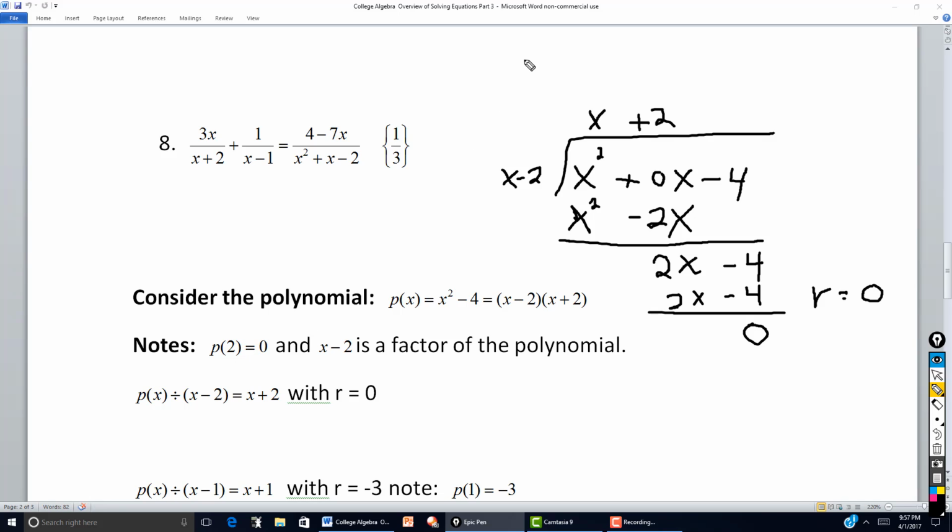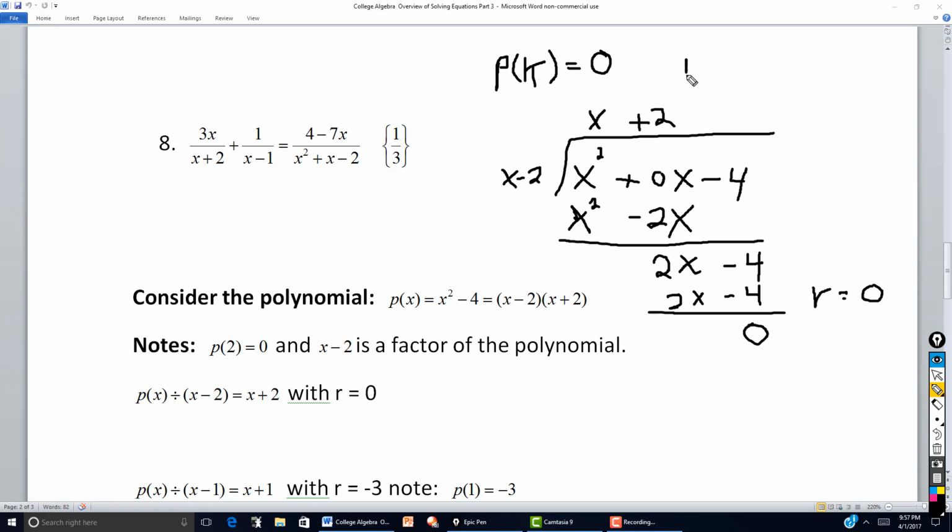So in other words, in general, let's say I have a polynomial p of x. In this case, it's x squared minus 4, and I evaluate that polynomial at k, and I get, in this case, 0, in the example that I have here.